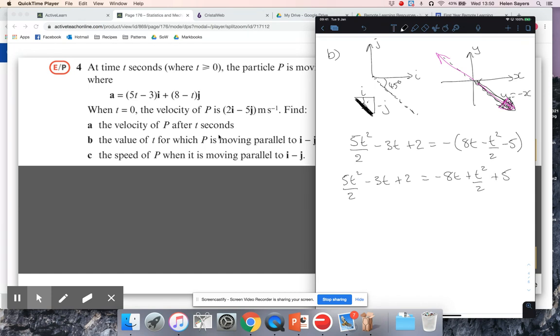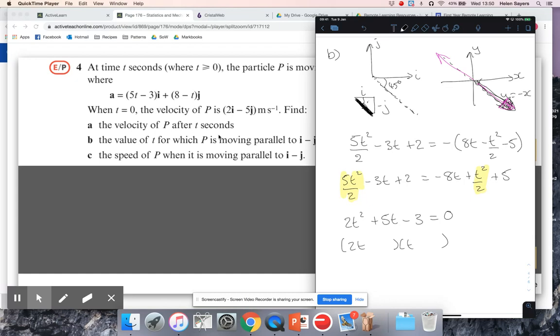Then I'm going to multiply, actually I don't think I need to multiply through by 2, because if I subtract the half t squared from the 5 over 2 t squared, that's just going to be 2t squared. And then minus 3t plus 8t and 2 minus 5, and I'm pretty sure that factorizes.